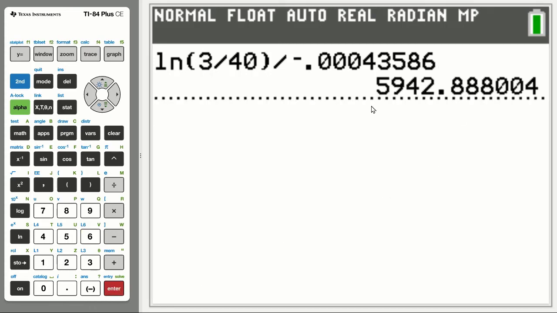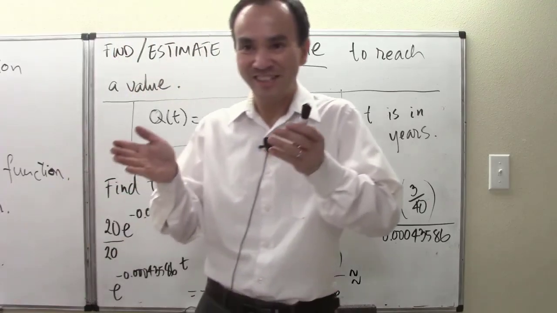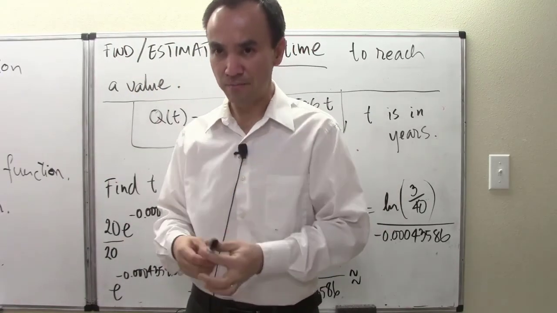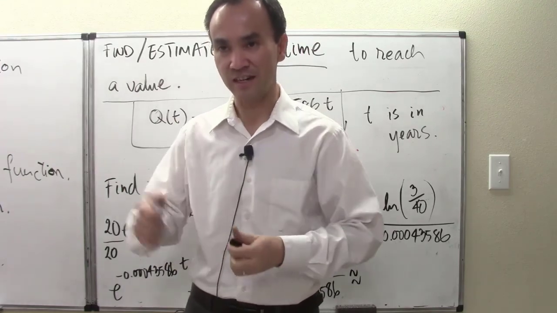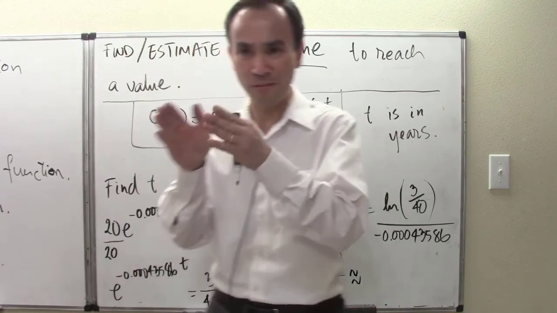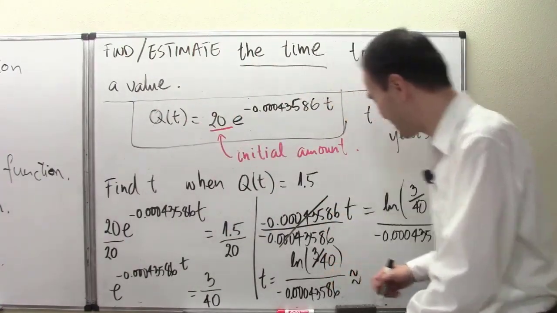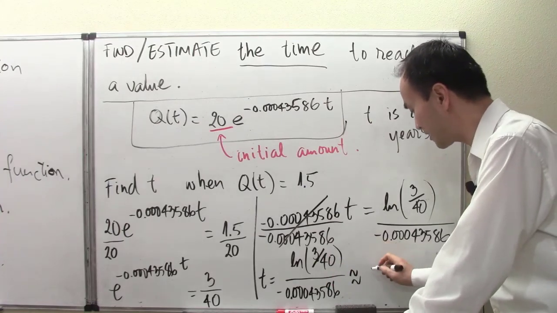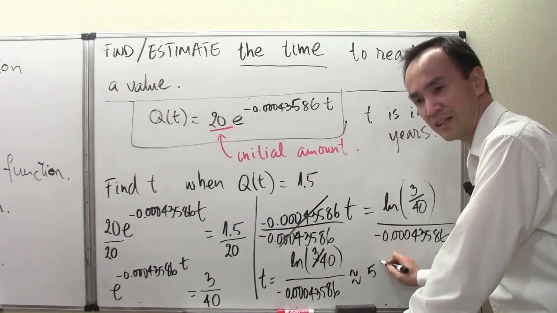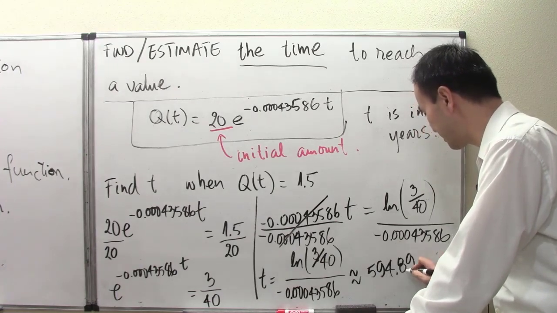And here's the answer: 5,942.89 if we round to 2 decimal places. So that means it takes approximately that many years to decay from 20 milligrams down to only 1.5.